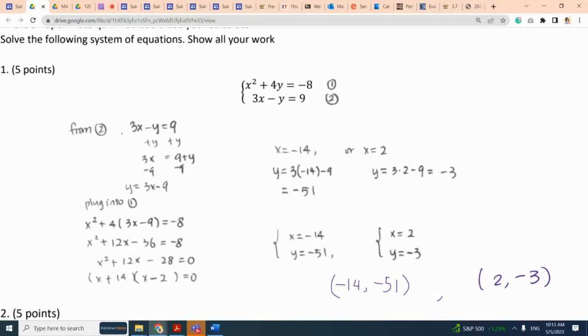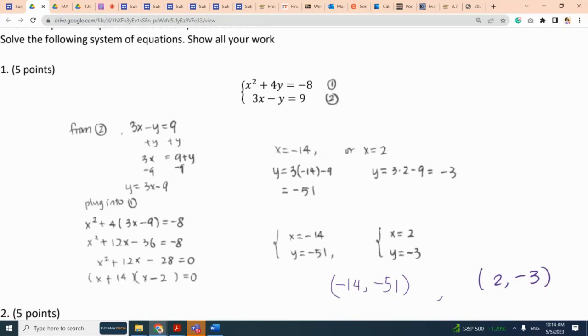And then I plug into the first equation: x squared plus 4 times y, where y is 3x minus 9, equals -8. Is that okay, everybody? So we distribute: this is 12x, and 4 times 9 is 36, and equals -8.